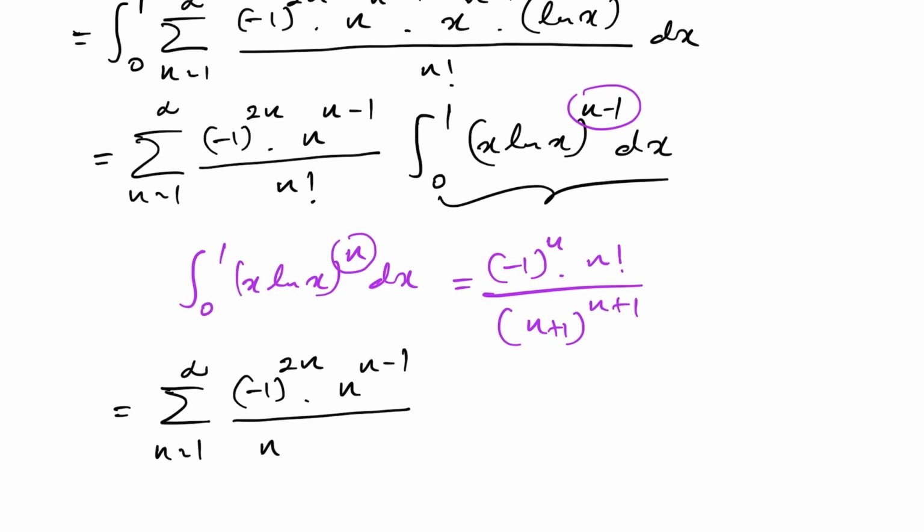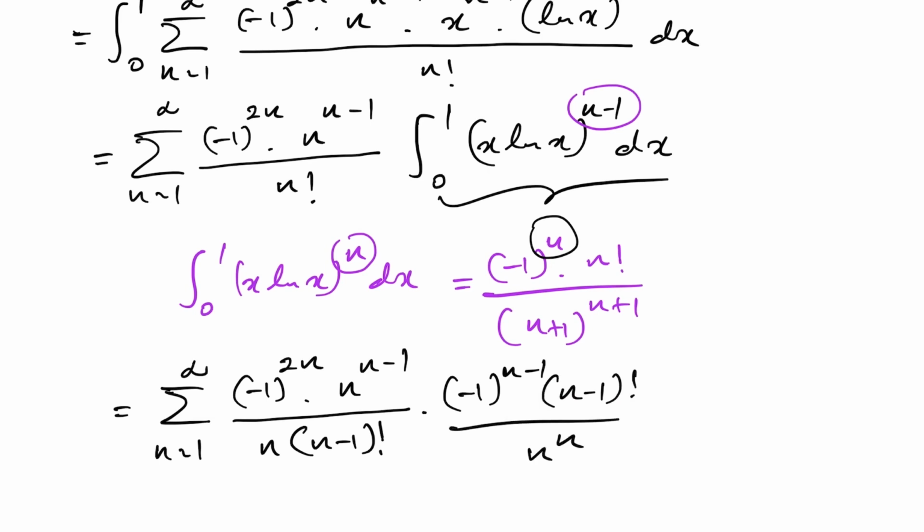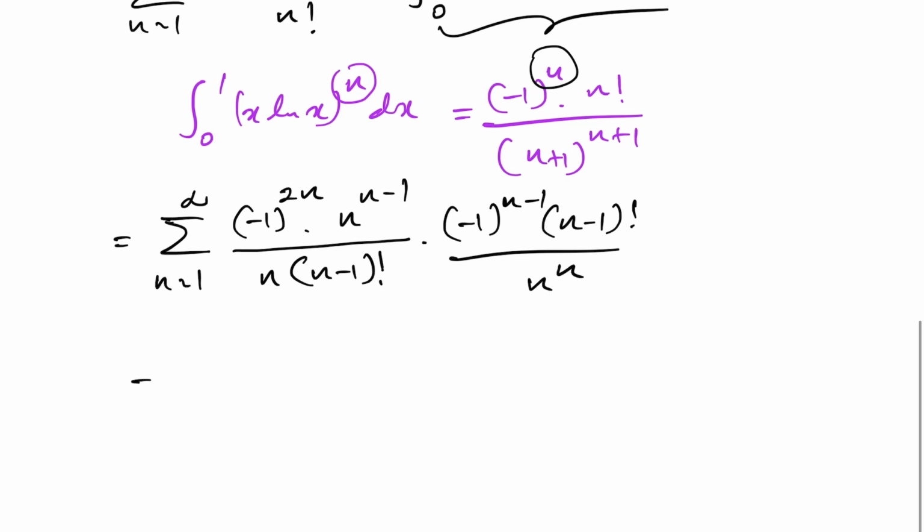N factorial we can write as n times n minus 1 factorial, times now minus 1 to the, instead of n we have n minus 1, so n minus 1, then again n minus 1 factorial over n to the n. So we can simplify: n minus 1 factorial gets cancelled, n to the n also gets cancelled, so 1 over n.